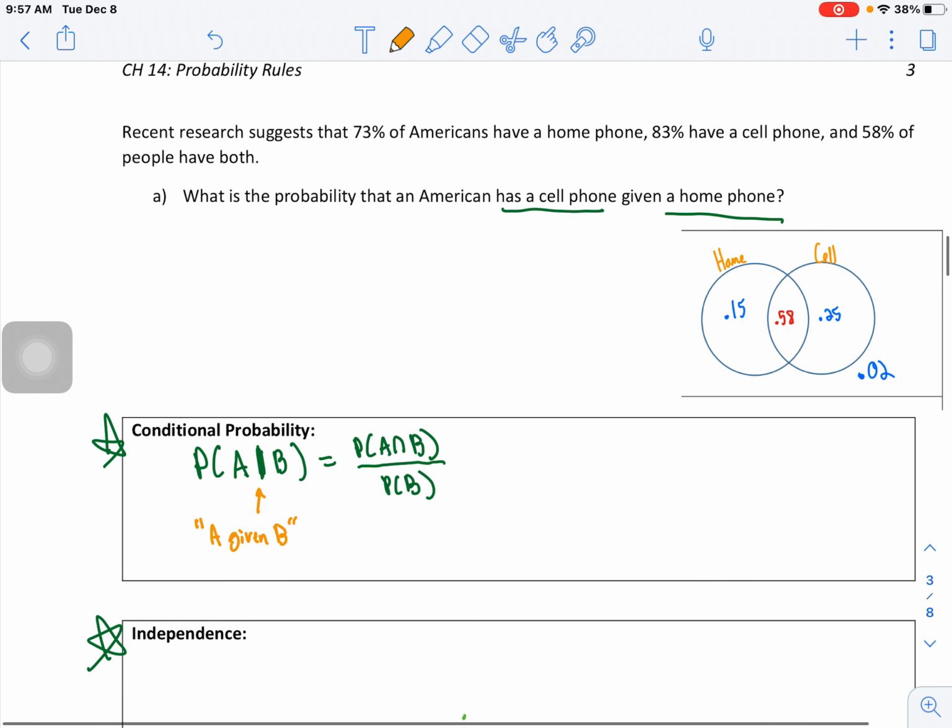Okay, so in this case, what's the probability that an American has a cell phone? So we're looking at the probability of a cell phone given that they have a home phone. All right, and we can find this by taking the intersection of both.